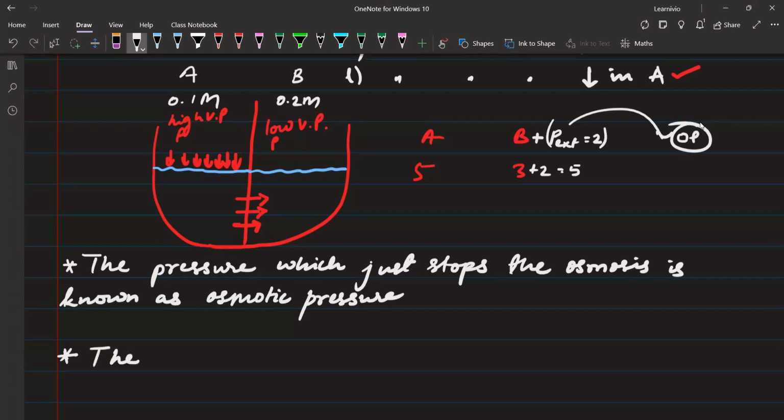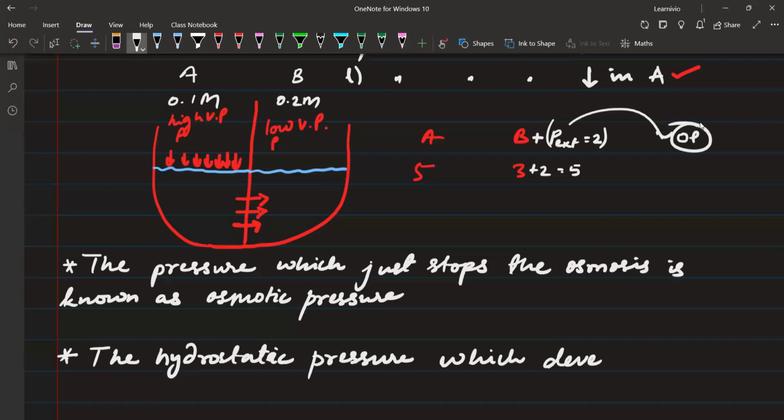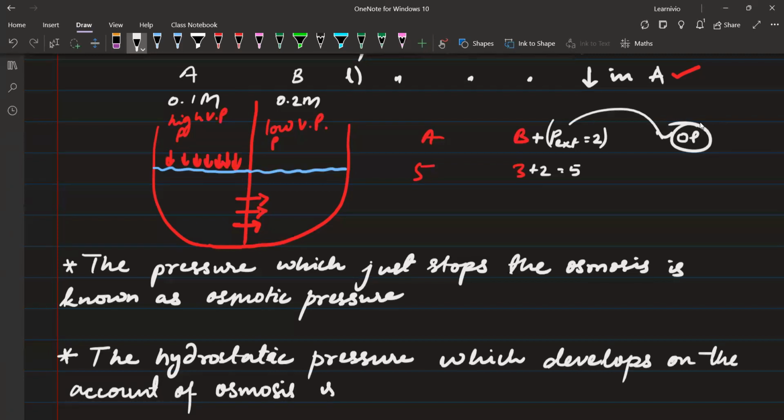Please write the hydrostatic pressure which develops on the account of osmosis is called osmotic pressure.